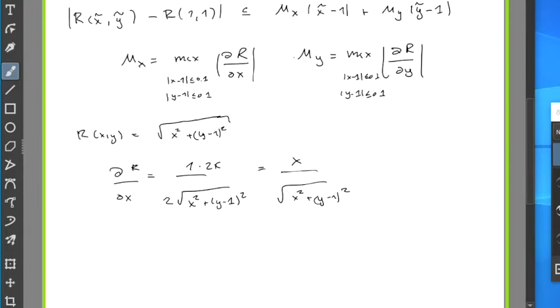However, from the context, I would say that it's clear that we only take the maximum over that region. So that would be borderline, but it would be okay. In any case, the same calculation for the y-coordinate leaves us with these partial derivatives.